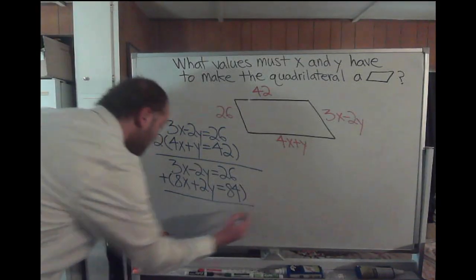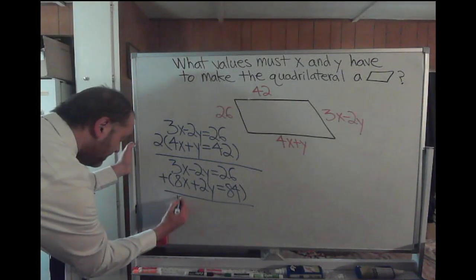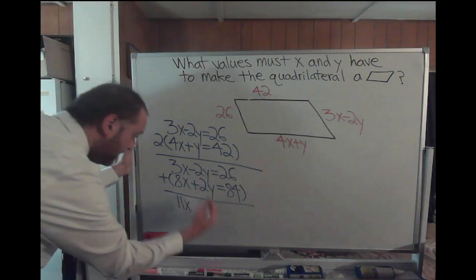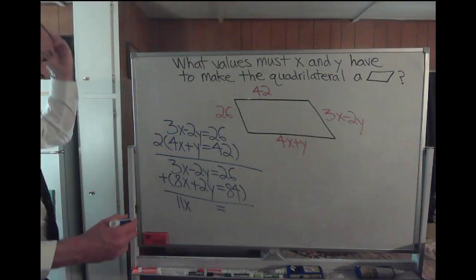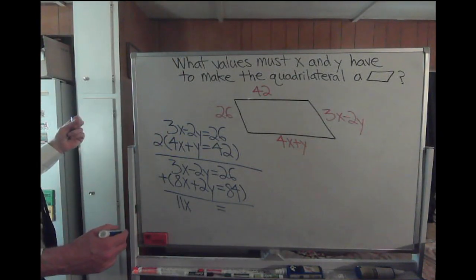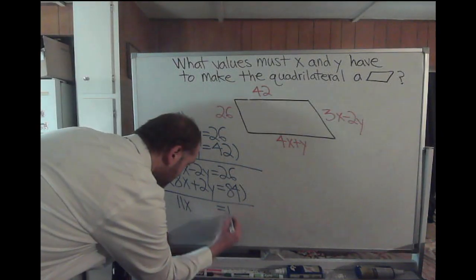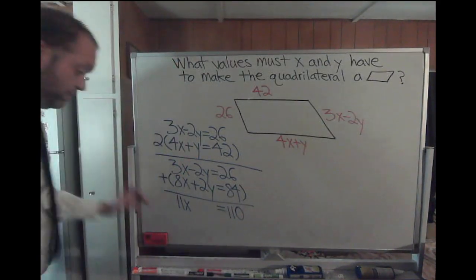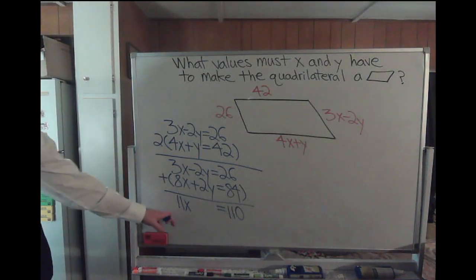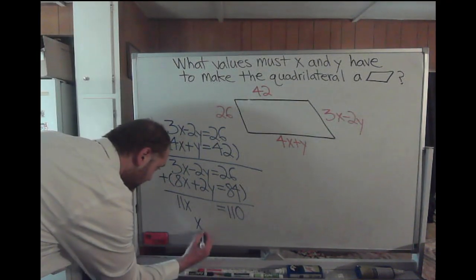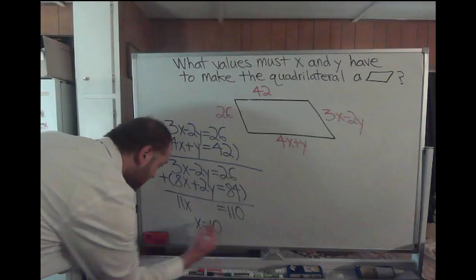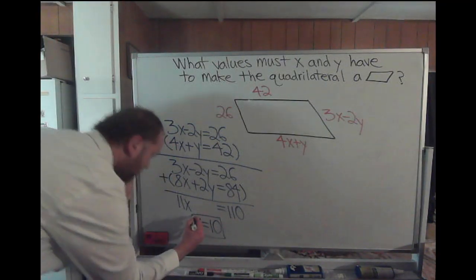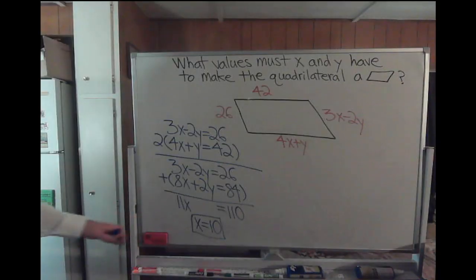So we add these together, you get 11x, the y's are gone, is equal to, what's 84 plus 26? That should be 110. So we get 11x is equal to 110, which would just have to mean that x equals 10. So the x value for this equation would be 10.